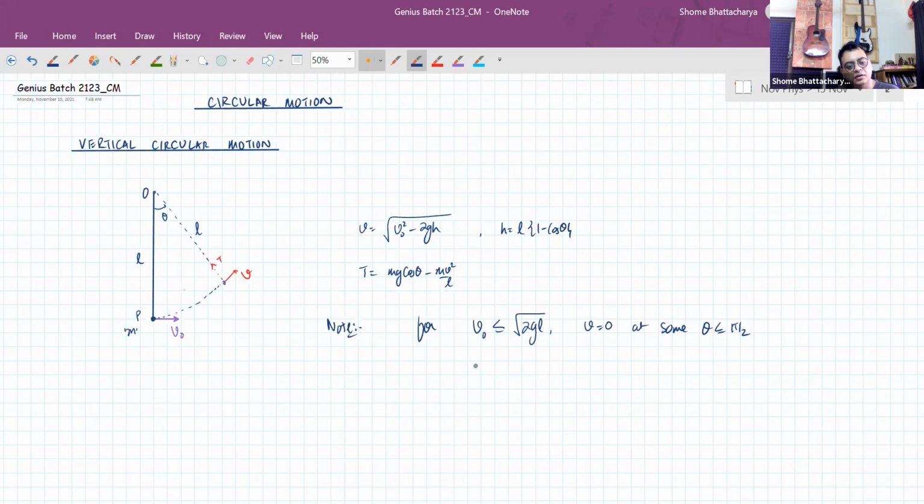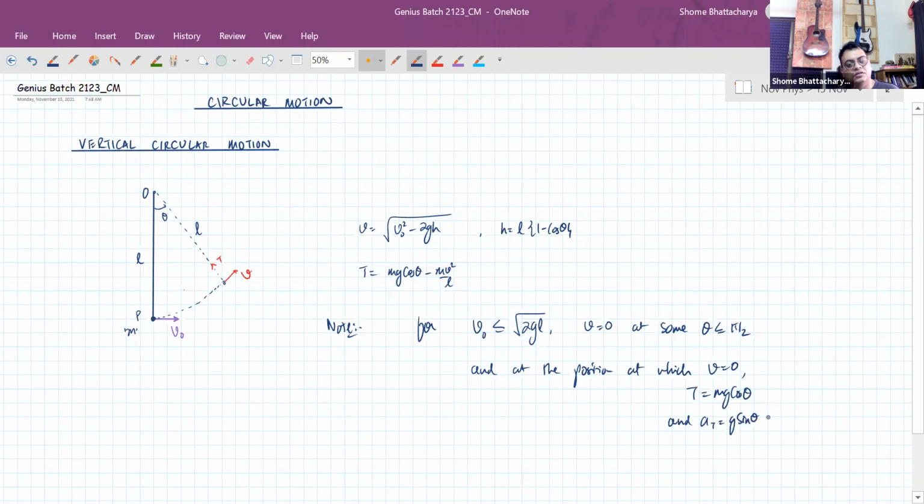And at the position at which V becomes 0, tension becomes mg cos theta, and tangential acceleration is g sin theta. So the particle momentarily stops at that position and comes back. The condition for that to happen is that V naught should be less than or equal to root 2gl. So this we've seen in the last lecture. Now we'll move on.